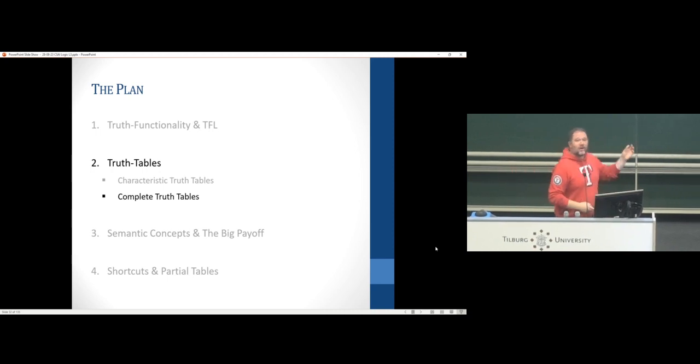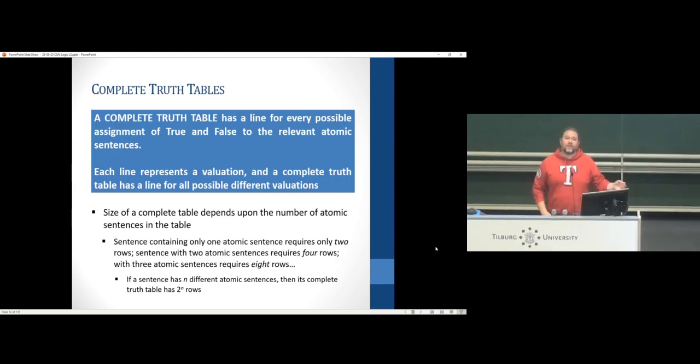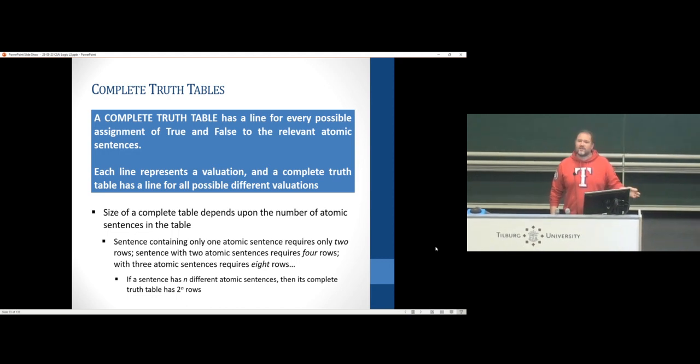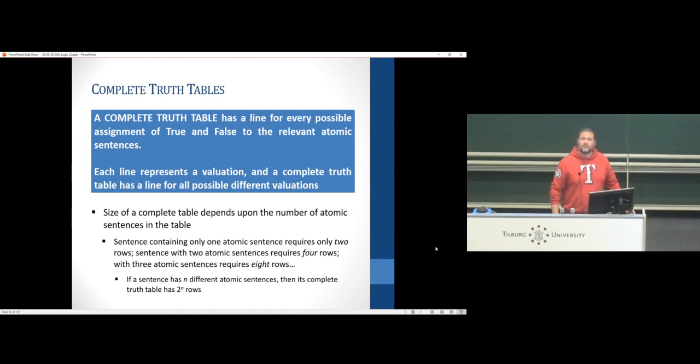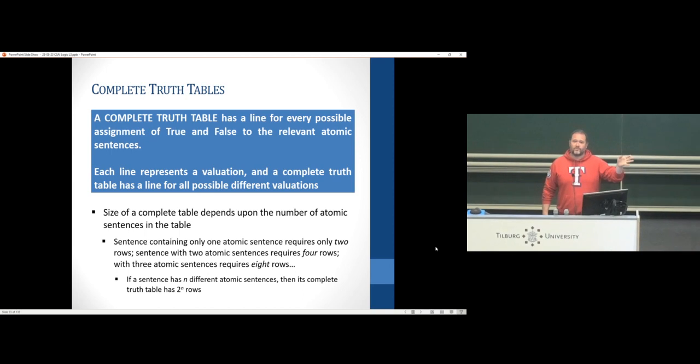So, a complete truth table. A complete truth table has a line for every possible assignment of truth or falsity to the relevant atomic sentences. That is, each line of the table represents a valuation, right? And a complete table has a line for every possible valuation.